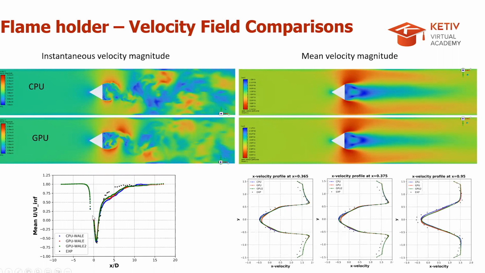And here you're looking at the mean velocity and also comparing it with the experiment. The CPU and GPU results look fairly comparable. They deviate a slight bit from the experimental results. But if you're just comparing GPU and CPU results, they're fairly consistent, even at different X velocity profiles at different locations. You can see that they overlap each other.